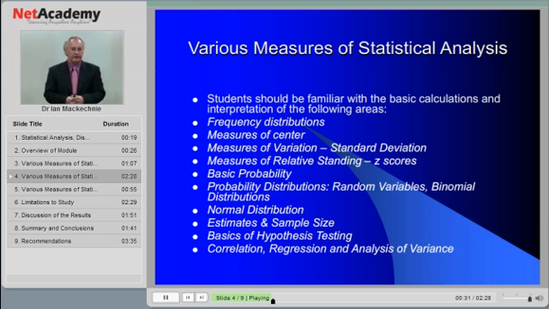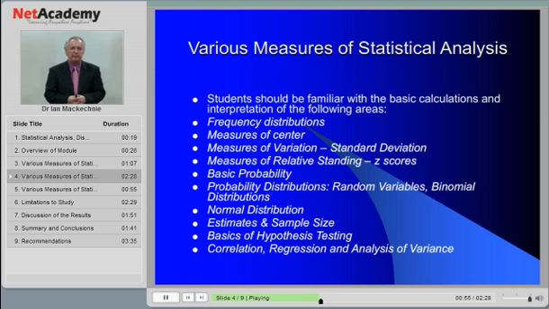Measures of variation, of course, knowing how far data varies from the mean or from the average is important. So being able to calculate, understand and explain standard deviations is also important. Measures of relative standing as well. The calculation of Z-scores is important.